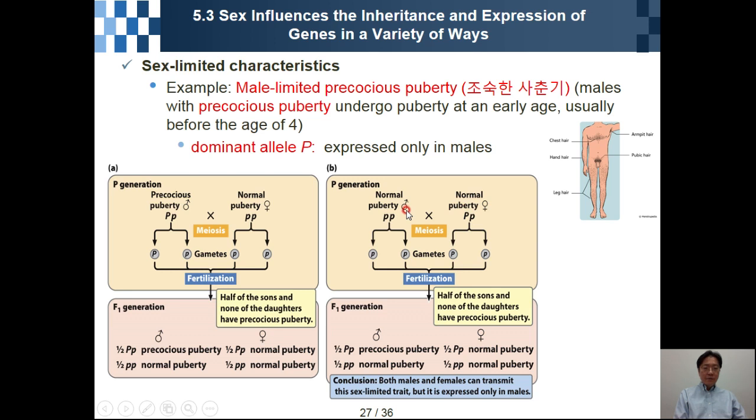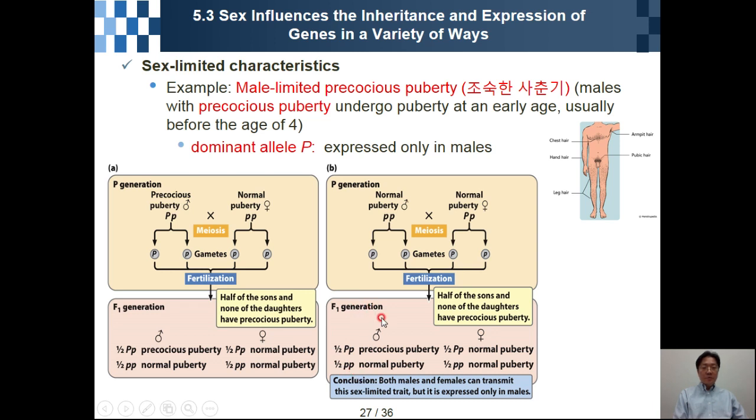So after meiosis, the sperm will have small p, and egg will have small p and large P. So after fertilization, in F1 generation, 1 out of 2 will have a large P, small p, and 1 out of 2 will have small p, small p.